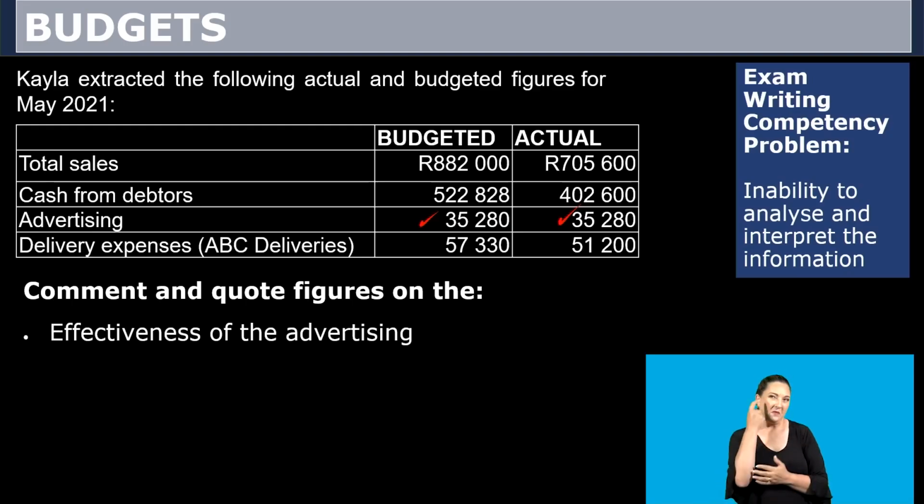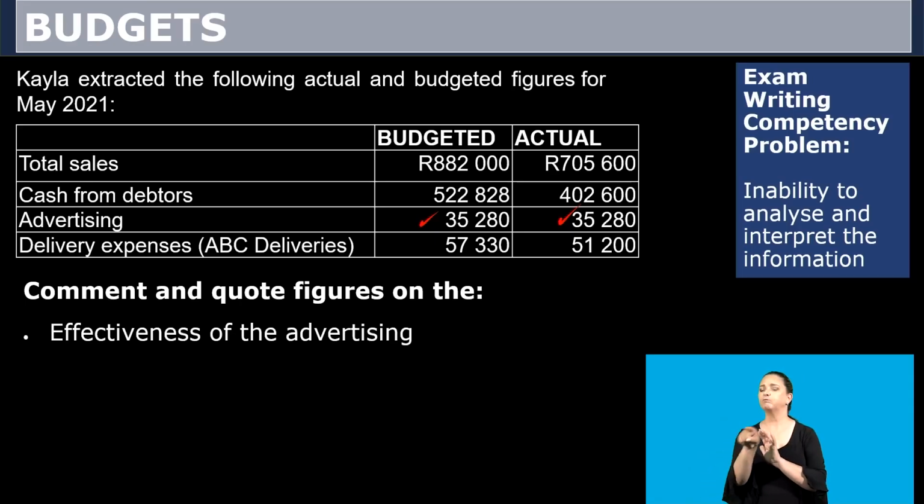You would think that is good. But remember, the question is talking about the effectiveness of advertising. You can only see if advertising is effective if it brings an increase in our sales, because we advertise to have an effect on sales.